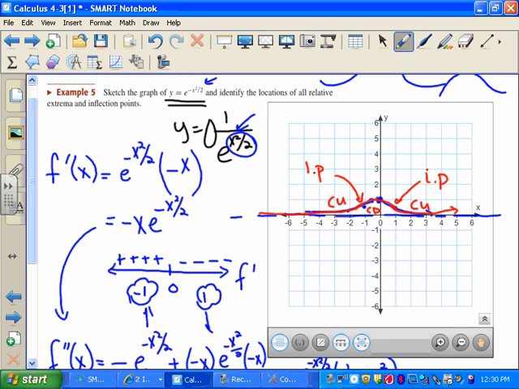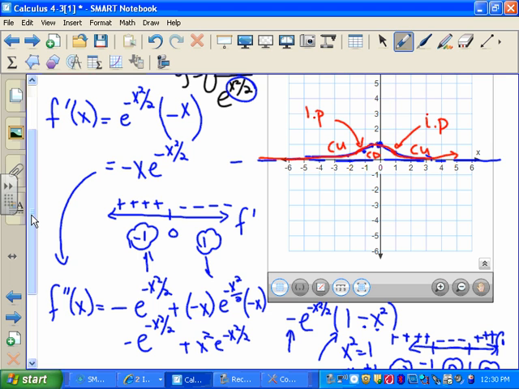Now we find our maximum and minimum by setting our first derivative equal to 0, which is the same way we do our first derivative test. When we set our first derivative equal to 0, that's where we're going to have a horizontal tangent. The only place that's going to happen is at 0. So right here, we have our relative maximum at x equals 0.